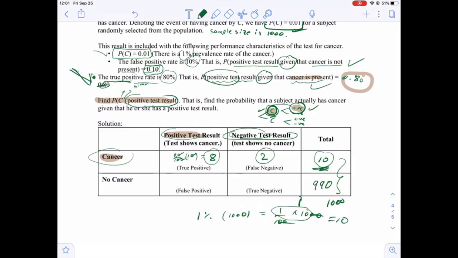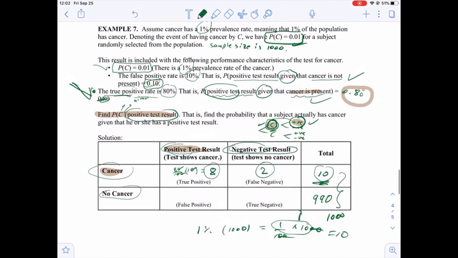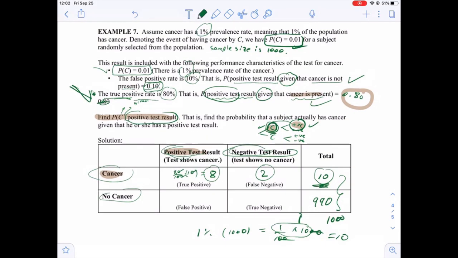Now how many people don't have cancer but have positive result? Here we use another probability. We have here false positive, 10% for false positive. So positive result but people don't have cancer is 0.10.